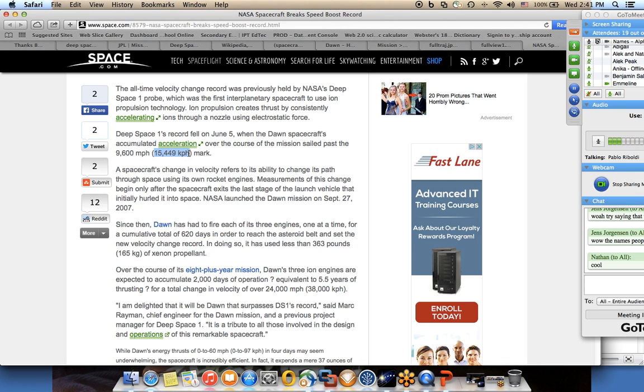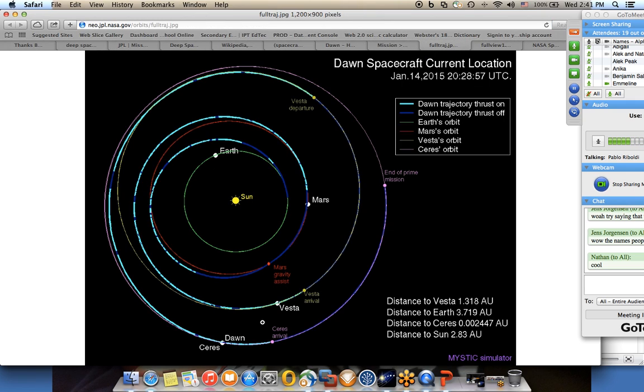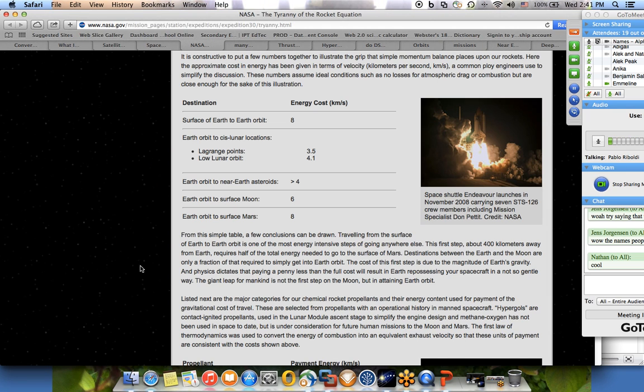I don't know how much that is in kilometers per second, but we can certainly figure that out. That is the speed it needed to achieve in order to go all the way to Vesta and then to Ceres, on its way out from Earth, past Mars, to the asteroids. Does that make sense?